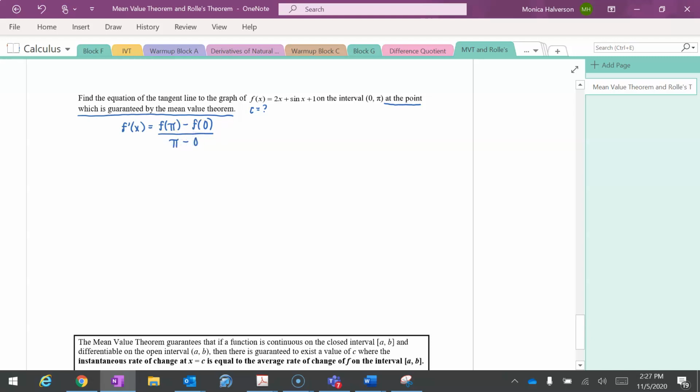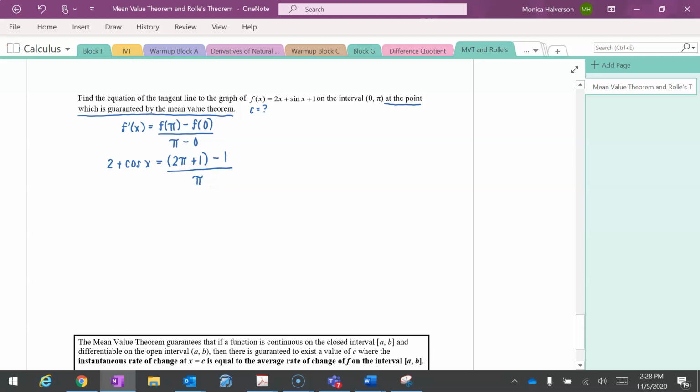If we find the first derivative of f, it would be 2 plus cosine x, which is equal to, well, f of pi is going to be 2 pi plus 1, f of 0 is going to be 1, and it's going to be over pi.